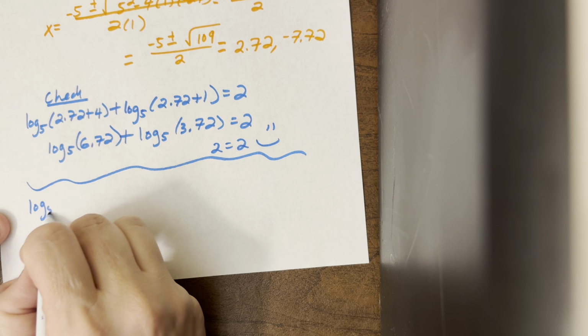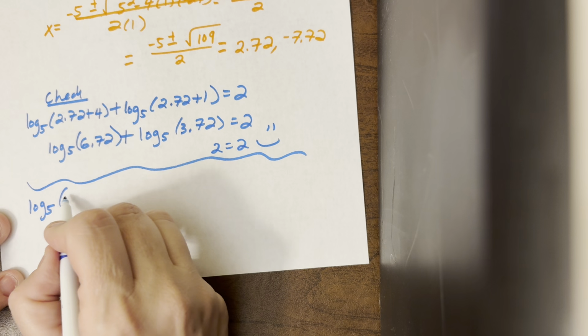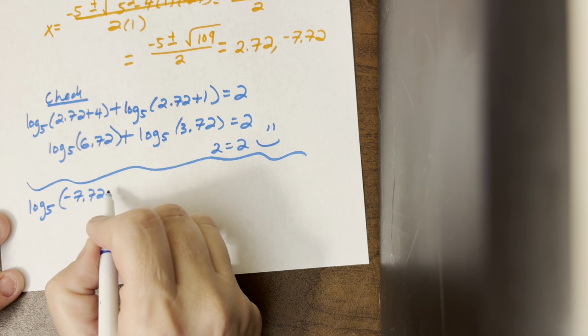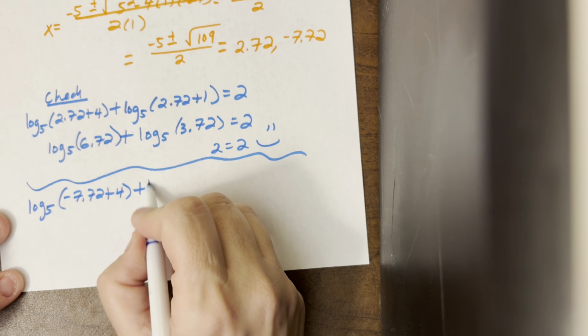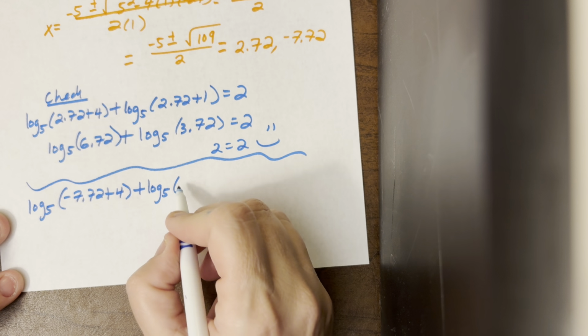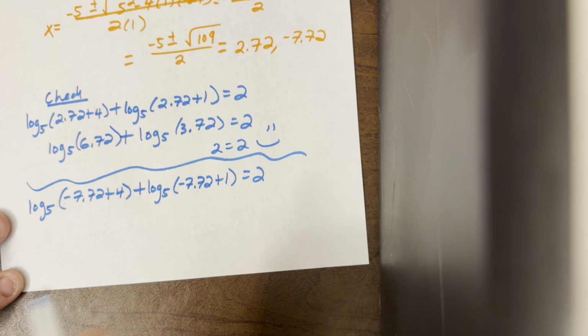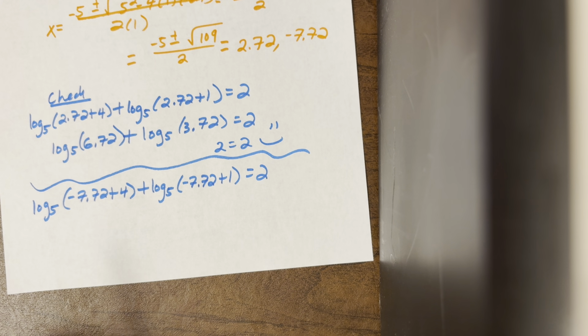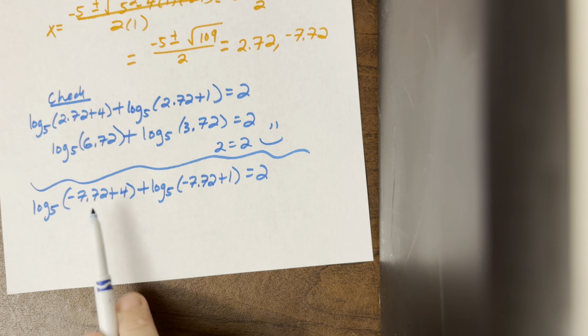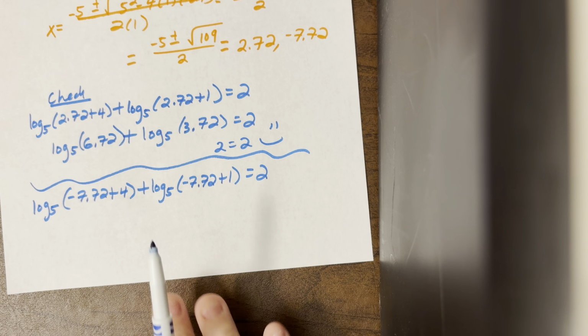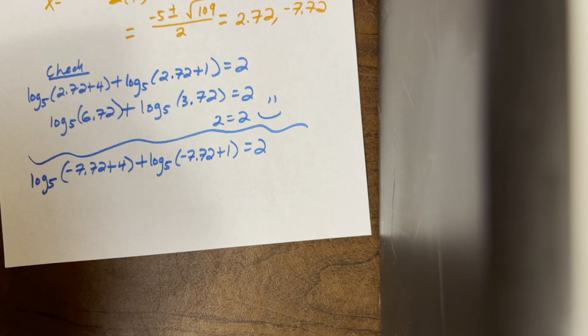We also have to check the other thing. So we have log base 5 of negative 7.72 plus 4 plus the log base 5 of negative 7.72 plus 1. That should equal 2. Let's see what this is. I think rather than try to calculate it, once you have that, just throw it in the calculator.